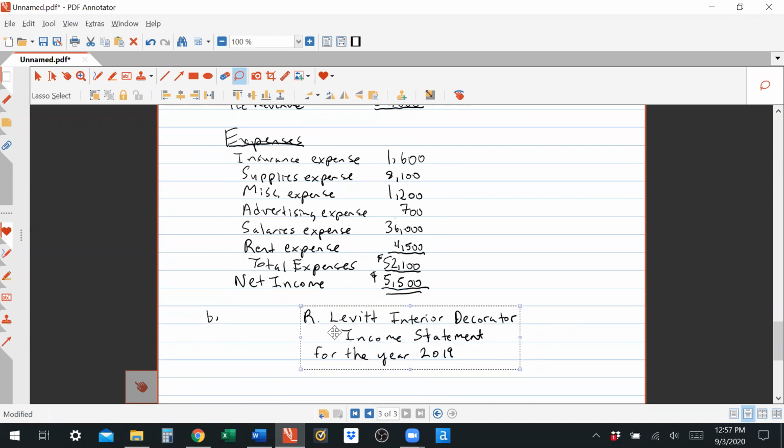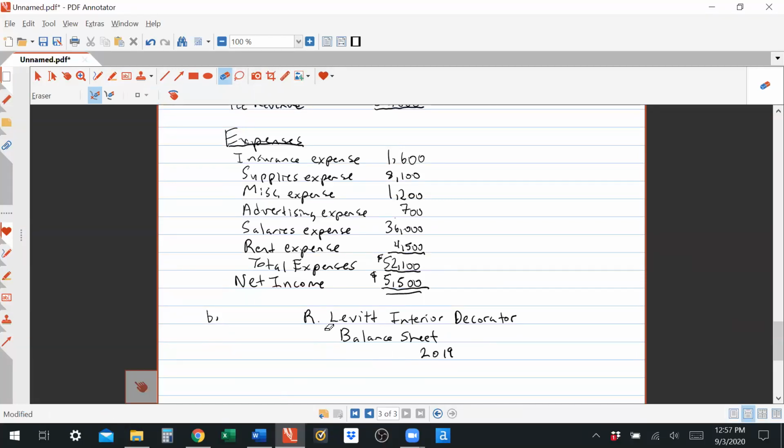Change the name of the statement and change the year designation. Another way they word this is they say for the year ended 12/31/2019. So for the year ended or as of, either way.